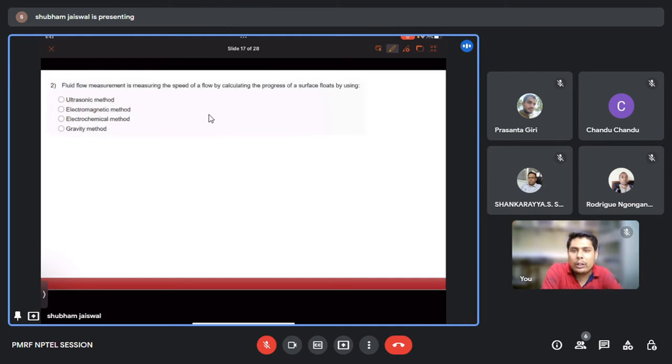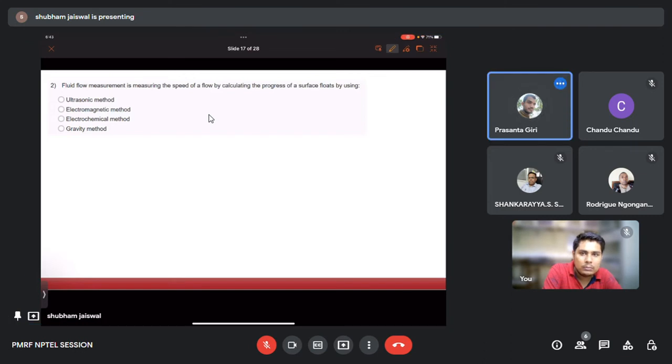Fluid flow measurement measures the speed of flow by calculating the progress of surface flows by using. This is a one-liner question. In last week's contents also sir has covered. Gravity method.